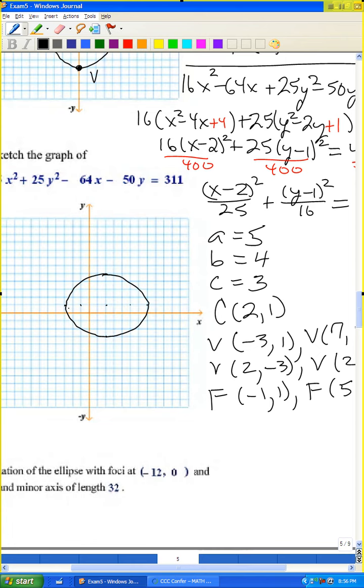Not bad, this is a keeper. Actually, in this case, it looked even better. So the center, foci, vertices. And I'm done.